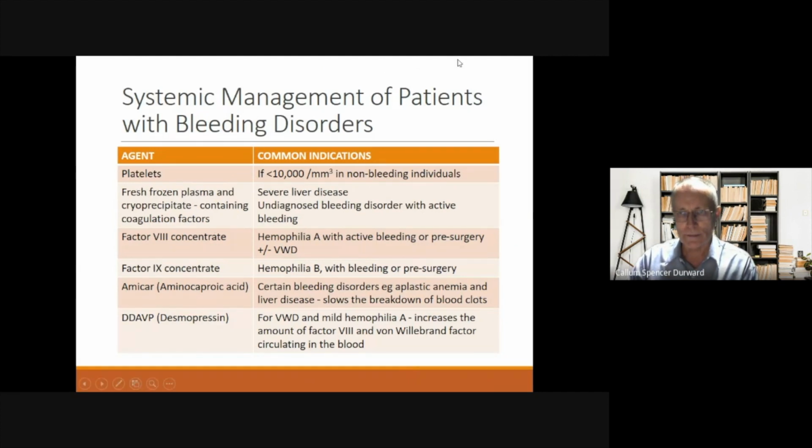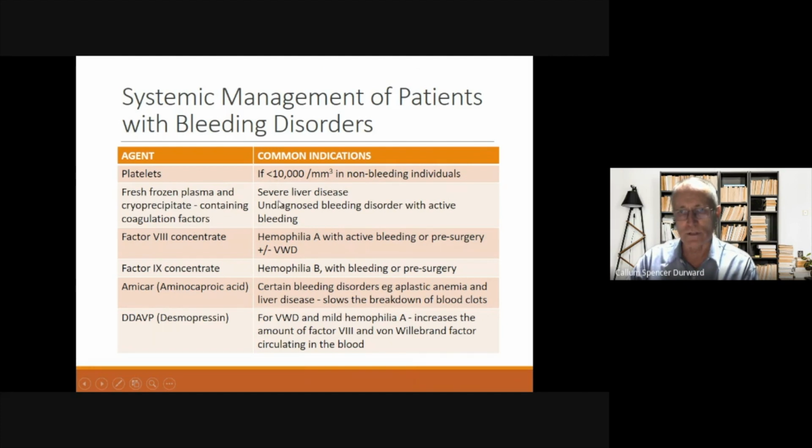For the systemic management of patients with bleeding disorders, the hematologist has a number of options. Platelets can be transfused if patients have less than 10,000 per cubic millimeter. Fresh frozen plasma and cryoprecipitate may be given IV, and these contain coagulation factors.